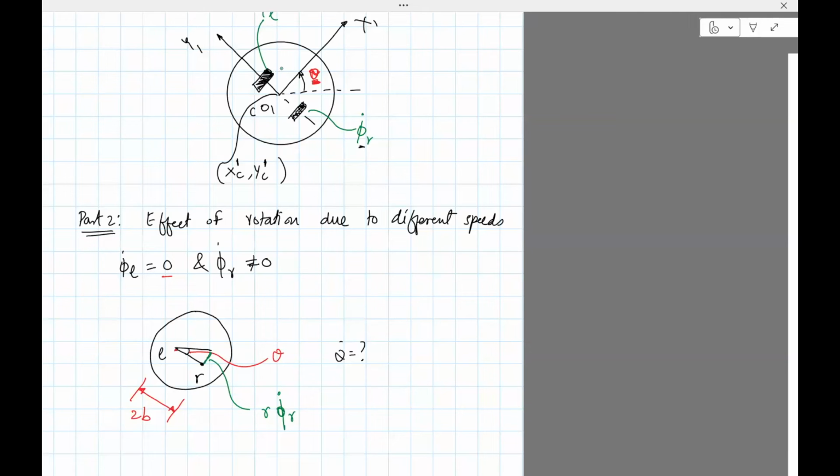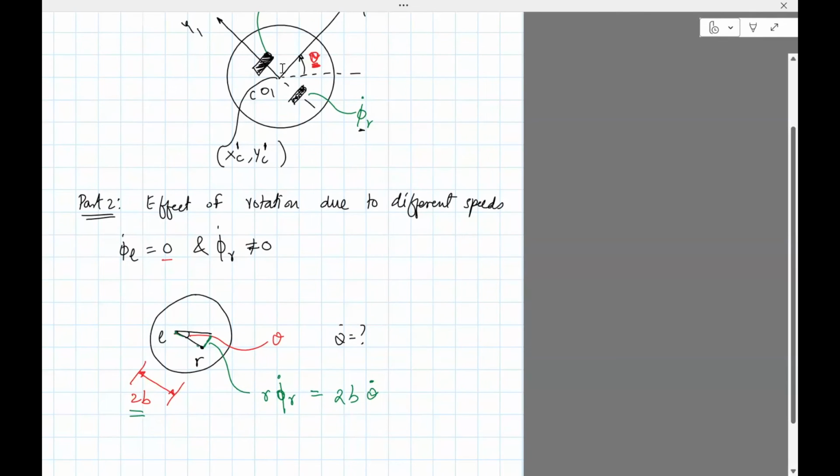That's the distance moved by the right wheel because of rotation of the right wheel. But it should also equal 2b times theta dot, because remember this is a circle of radius 2b, and theta is the angle swept in that small time that the right wheel is rotated.